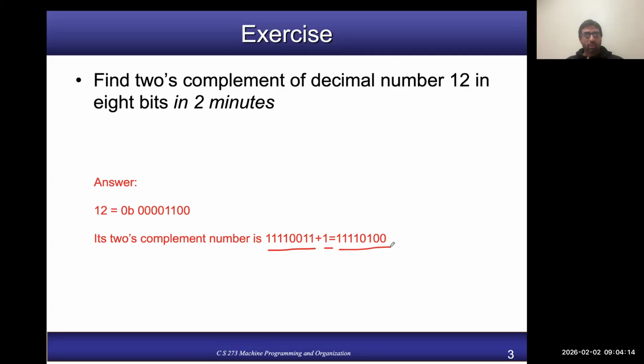11110100. So Ravi, your answer was a little bit different. Do you understand now how to get it correctly? If not, let me know and I can try to explain it on OneNote. Are you there, Ravi?